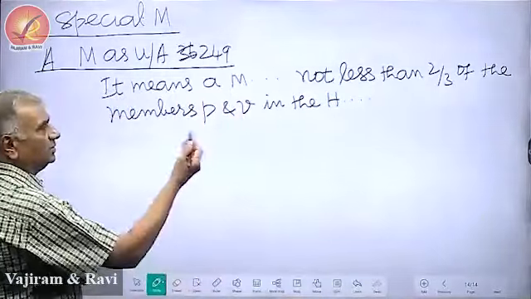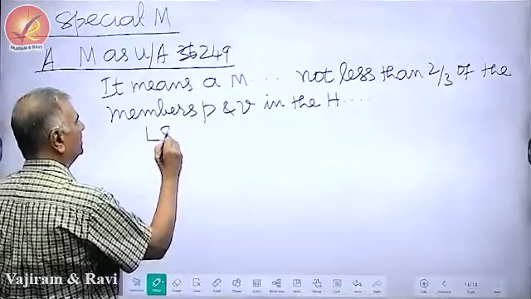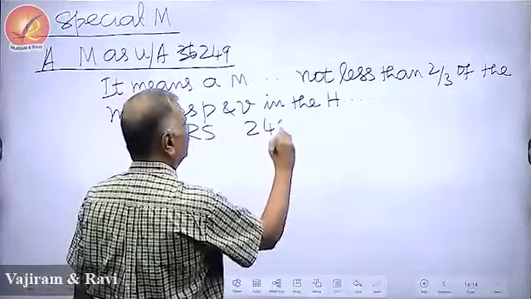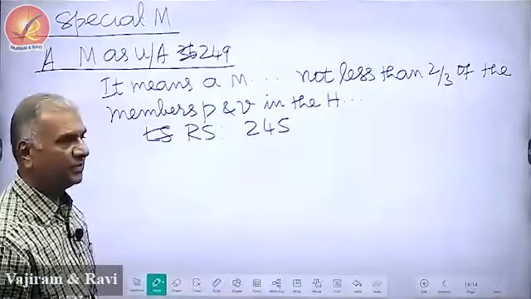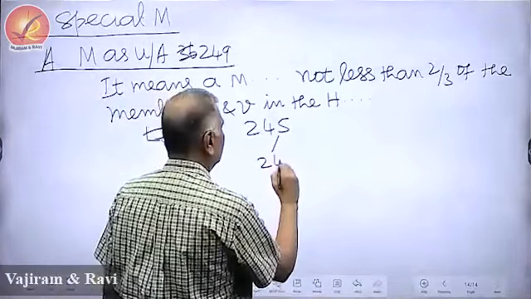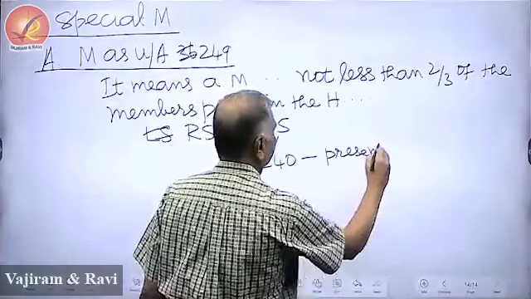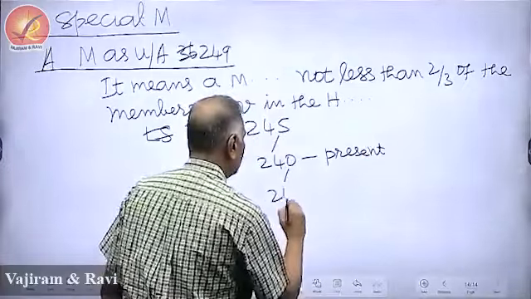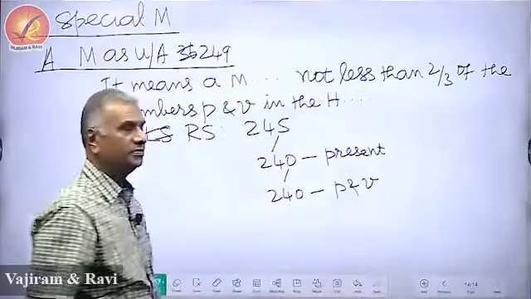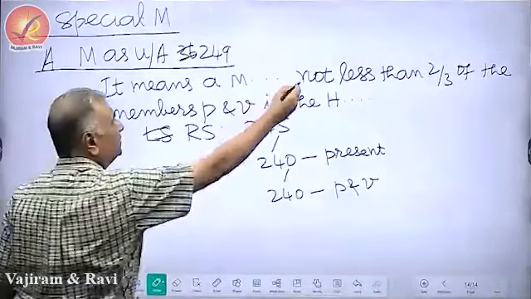For example, suppose it is in the Rajya Sabha, out of 245 members, which is the total strength, let us say that 240 members are present in the house. All 240 of them participate in voting. Nobody abstains. And what is this majority?